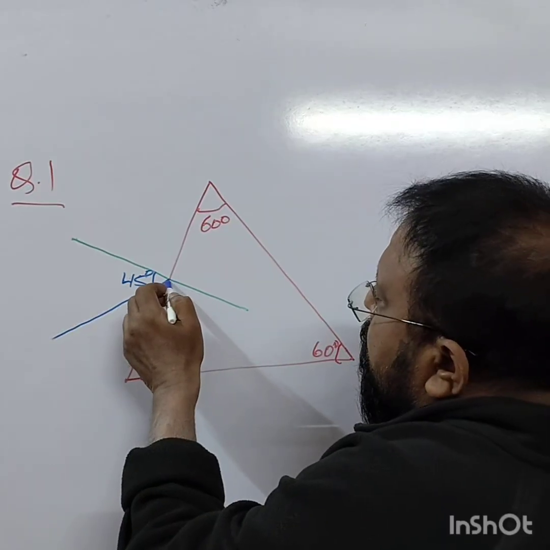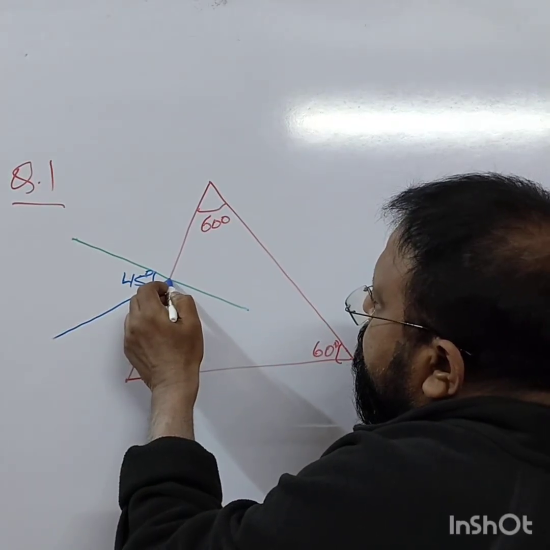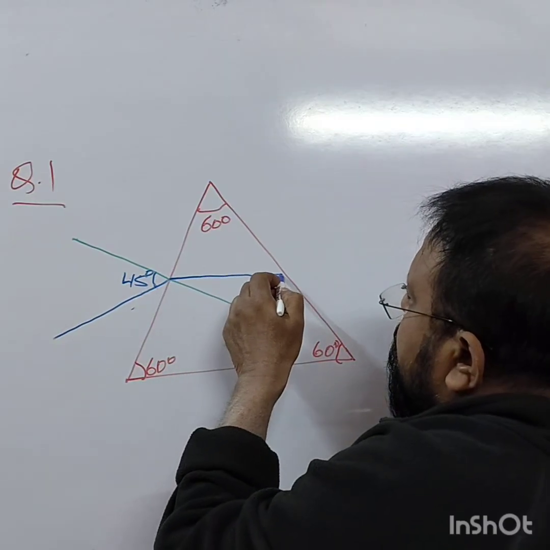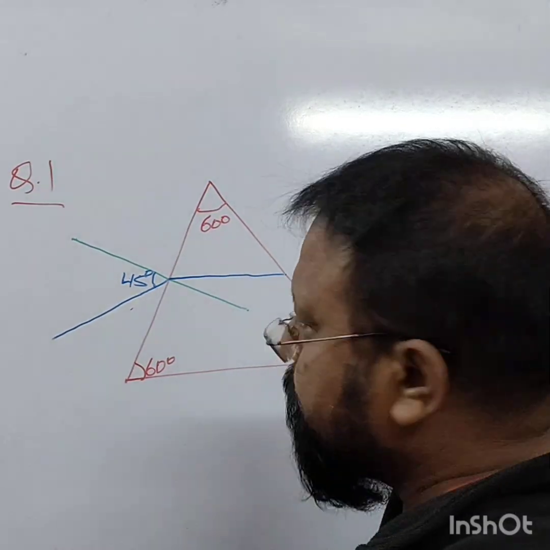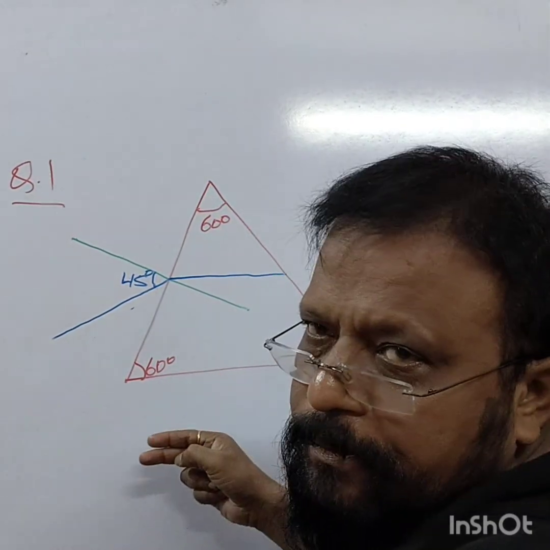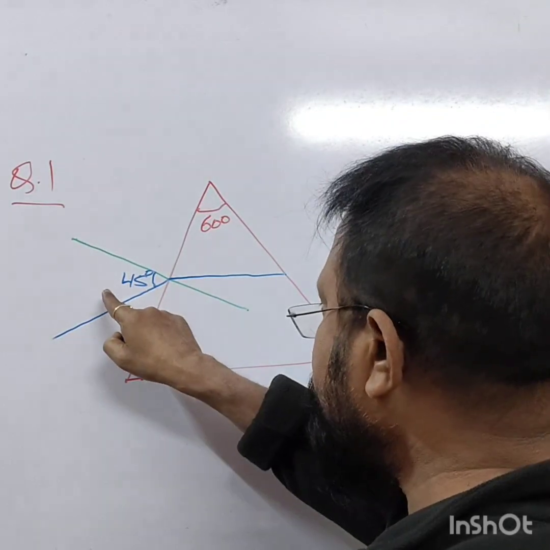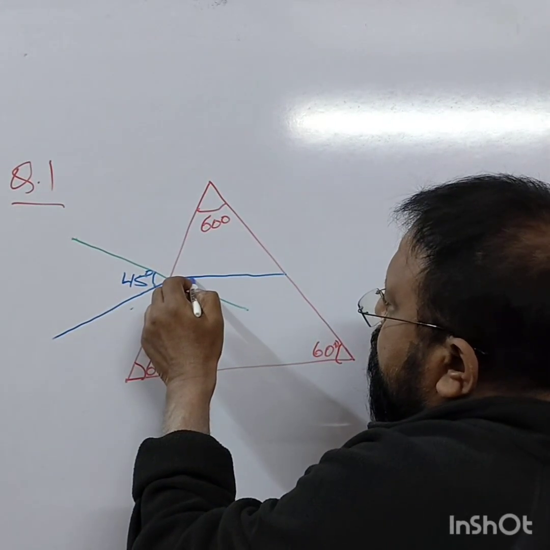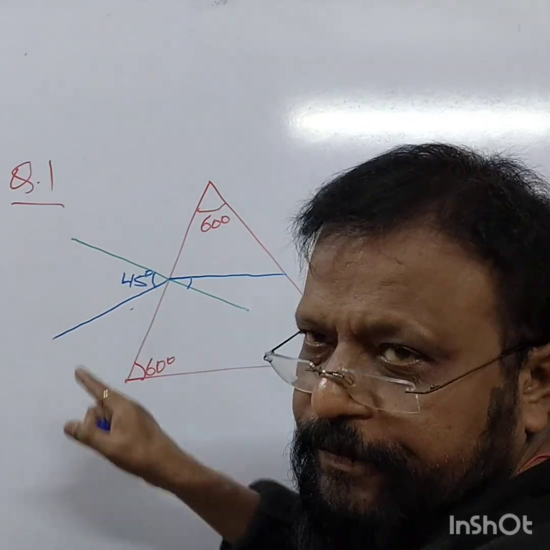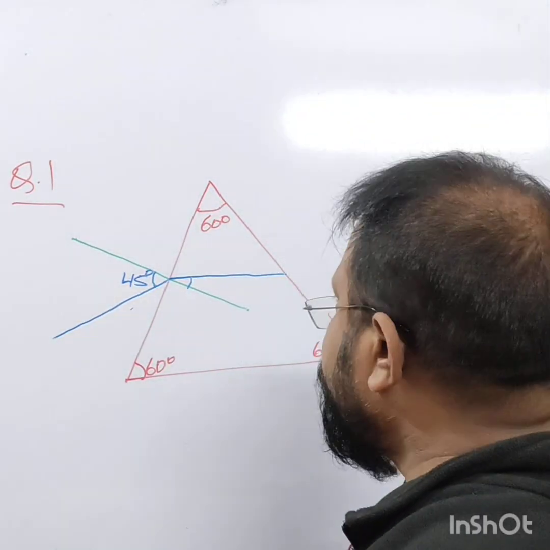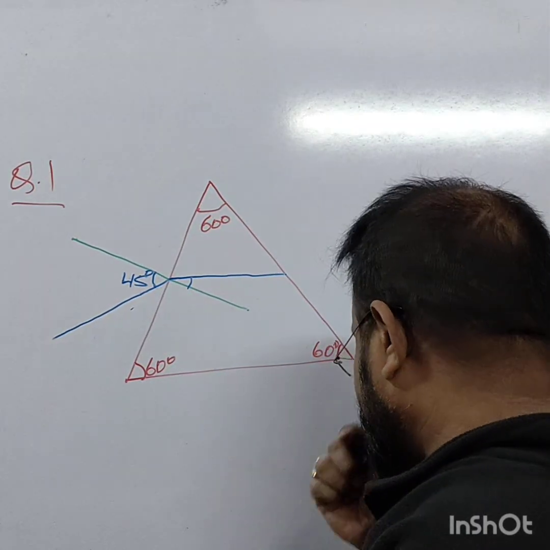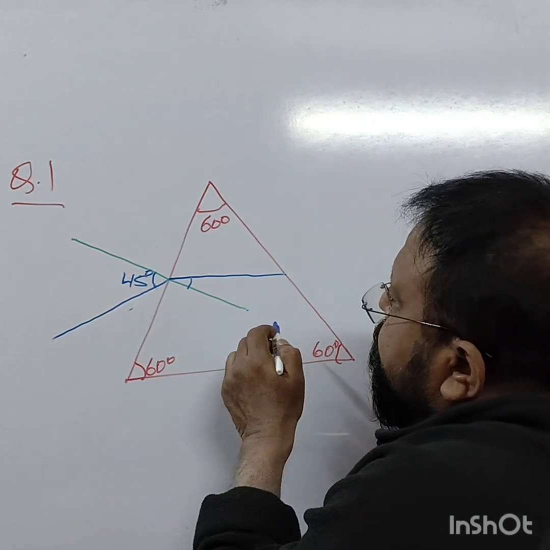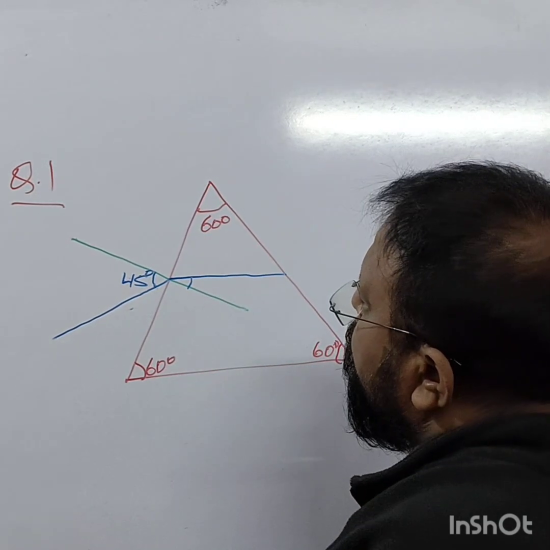When it goes inside, then what happens? It goes like this. It goes towards the normal. This angle of refraction will be less than 45 degree.